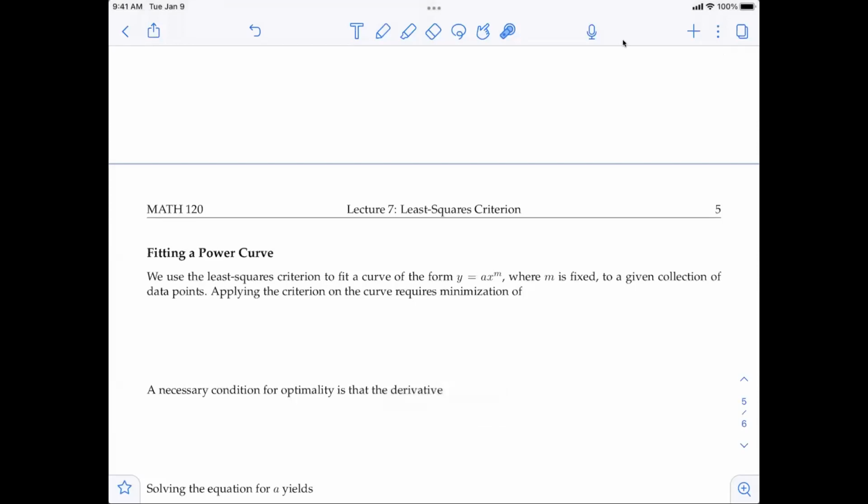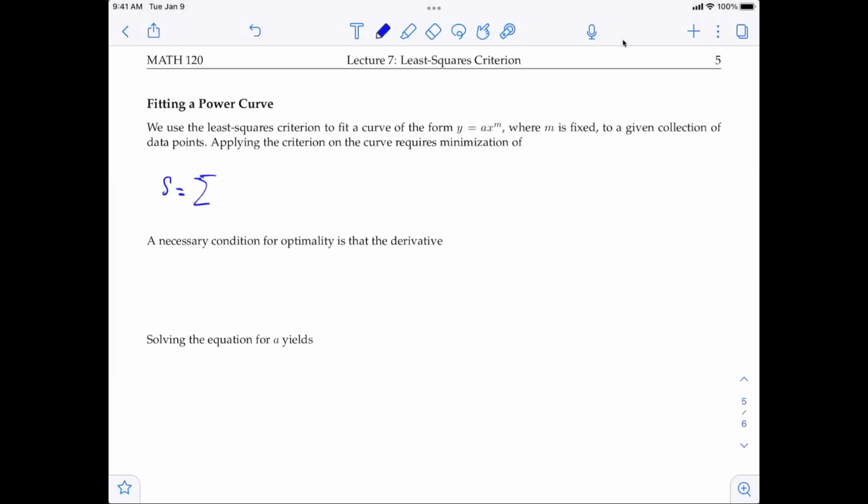In this case the parameter is a, and the function is of the form y equals a times x to the power m. Okay, so applying the least square criterion, you have S equal to the summation for i going from 1 to n of (y sub i minus f of x sub i) squared.